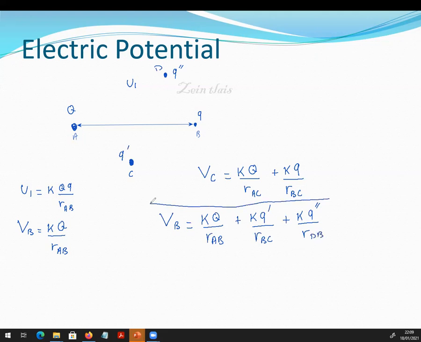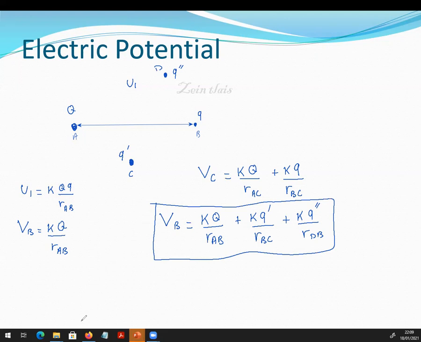So like this we can calculate the electric potential of many points at any position. So V_B is related to a position. At any position, we can calculate the electric potential.